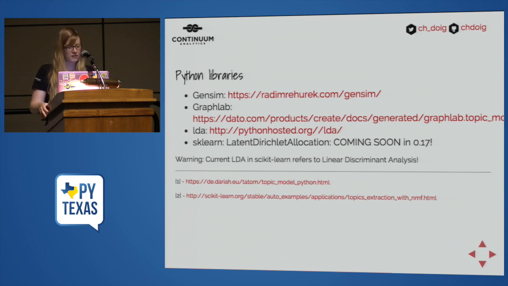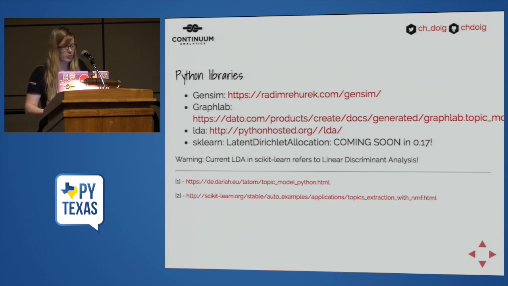So we have gensim, we have GraphLab, we have a small LDA implementation, and then this scikit-learn Latent Dirichlet Allocation that's coming soon in 0.17. And just a warning: the current one refers to the supervised learning method and not the one we're talking about. That's why they're renaming everything.